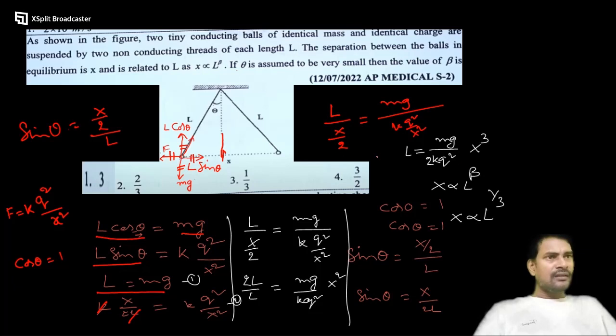So if I rearrange this, what I'll get is T is equal to mg divided by 2k into q square into x cube. Just bring this x by 2 to this side, then you will get x cube here.